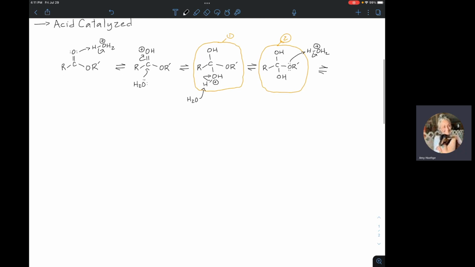I'm going to put that down here. So we're going to get our carbon, our now sp3 hybridized carbon, positive charge on that oxygen.